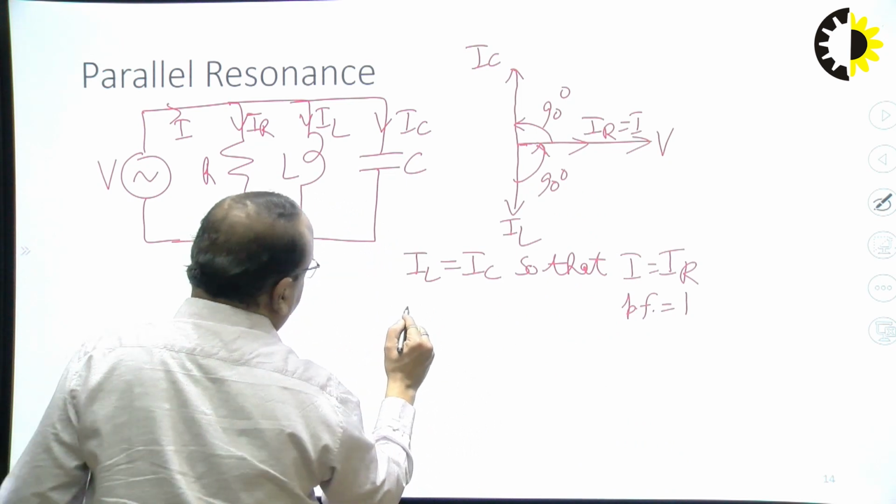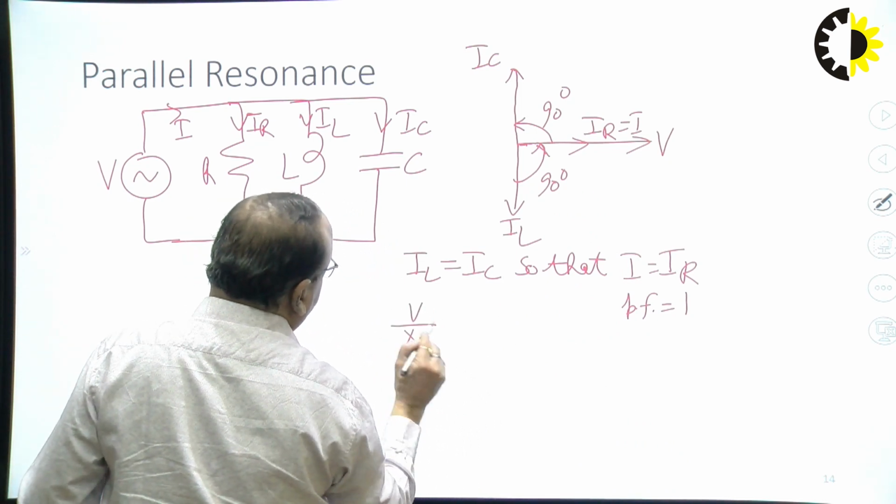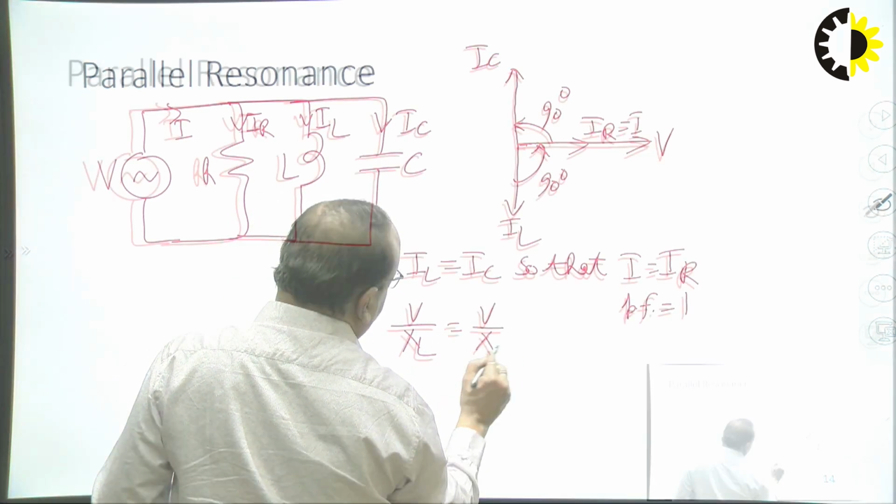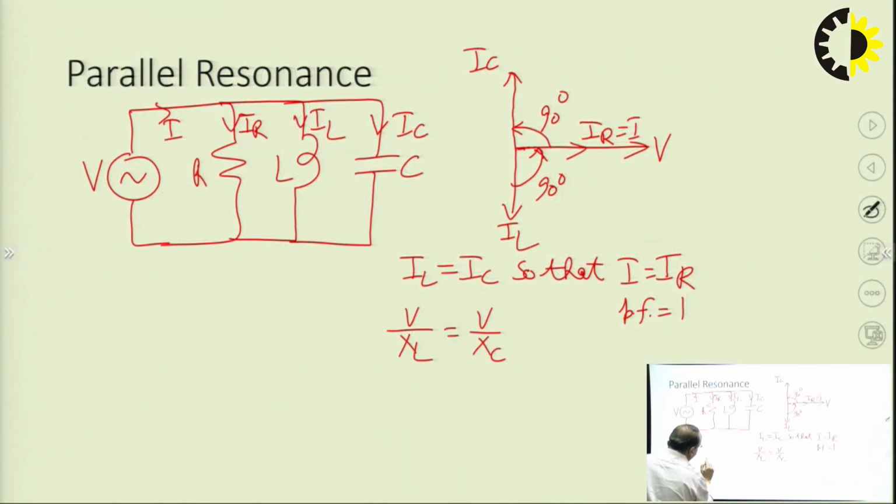Now for this we will have V upon XL, which is the current in the inductor branch, and IC is V upon XC, that is the current in the capacitor branch, or we can write XL equal to XC. That will be the condition for parallel resonance here in this circuit.